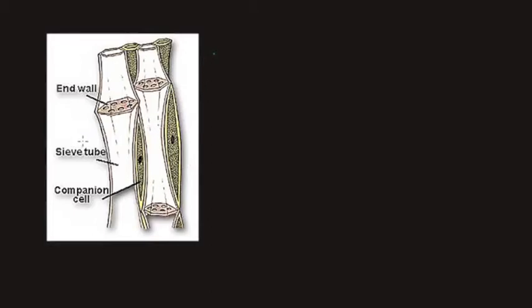This whole thing is the sieve tube, and here is the sieve plate. And where is the companion cell? This is one companion cell, and this is another companion cell. You can see that the companion cells are attaching themselves next to the sieve tube.